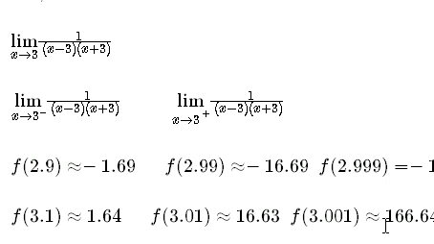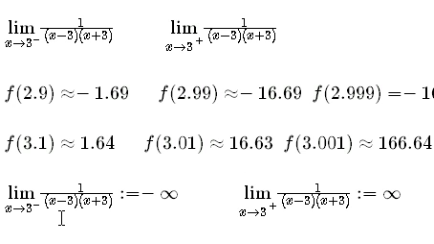Let's see, I think I have a graph of this. But first, let me write it out here. Coming in from the left at 3, it's going to negative infinity. Coming in from the right at 3, it's going to positive infinity. And here's a lovely graph to look at. Now remember, there was a 3 and a negative 3, and that made it undefined.